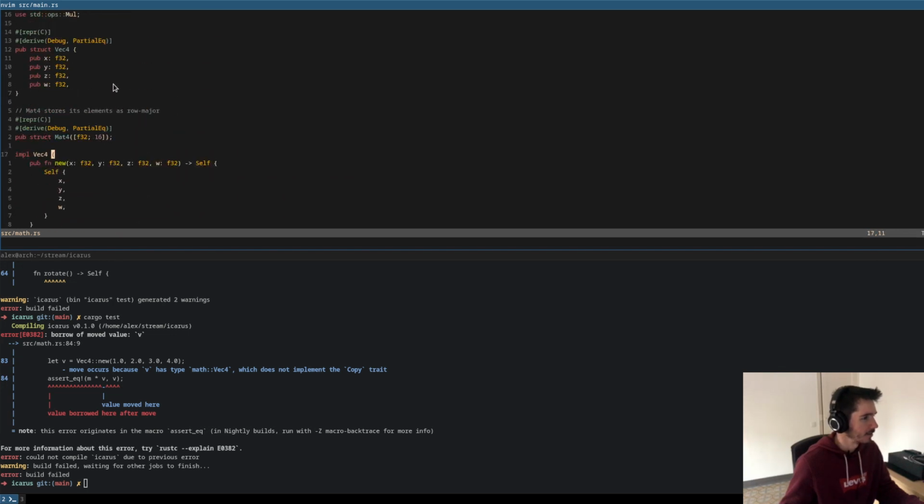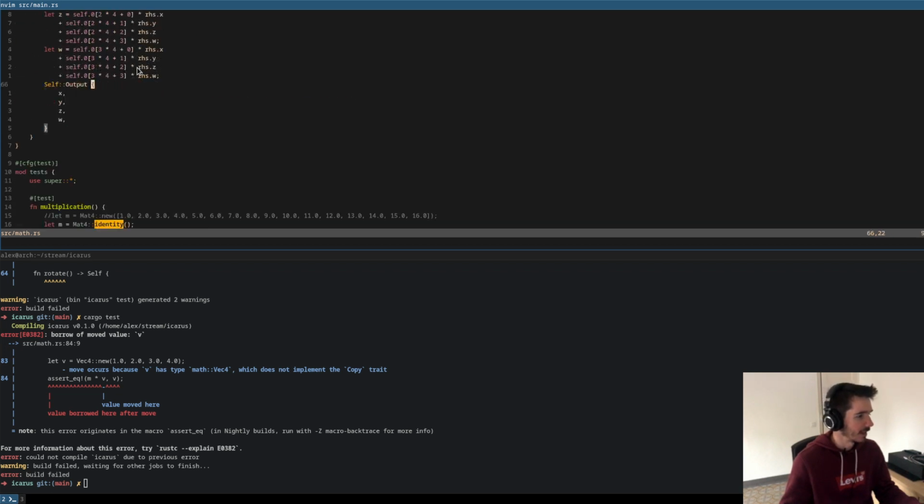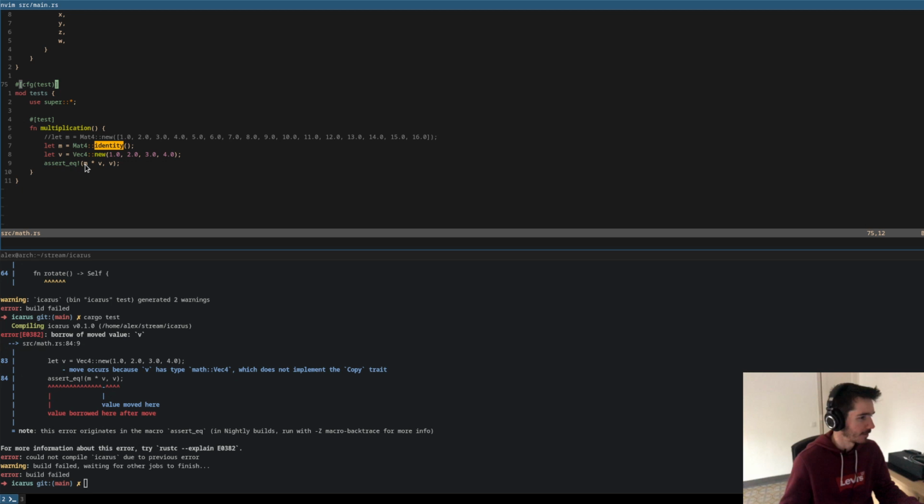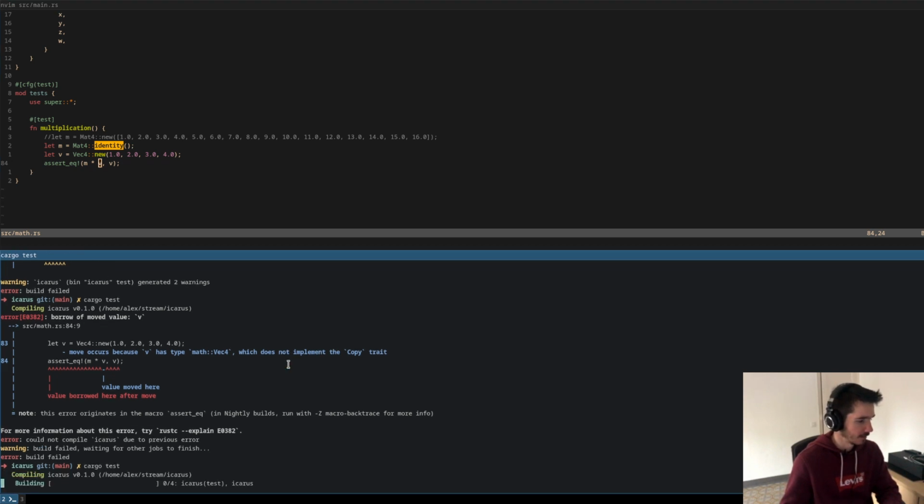I think the simplest solution to this is to implement clone and copy for this type. It is a relatively small type, just 16 bytes, so it makes sense to make it copy. For matrix, I'm not so sure. It is more heavyweight, but for vector, we definitely can make it copy. That way, when here we use it for the multiplication, since it's copy, it will copy instead of moving. So I think that should fix it.